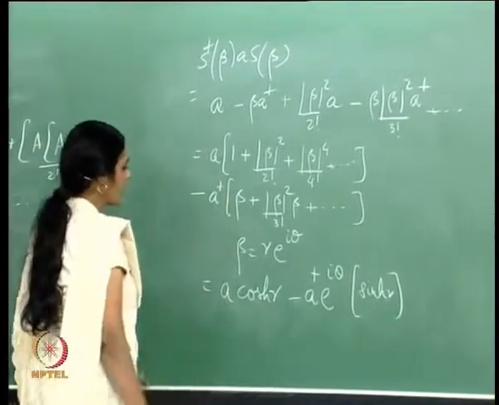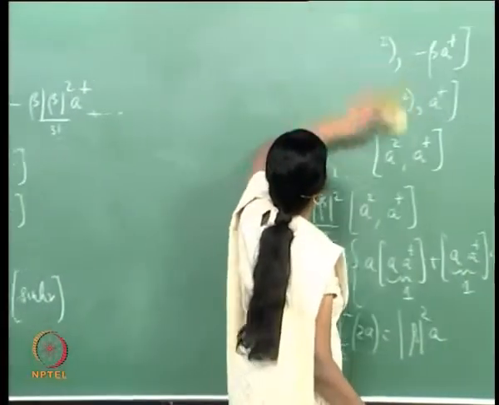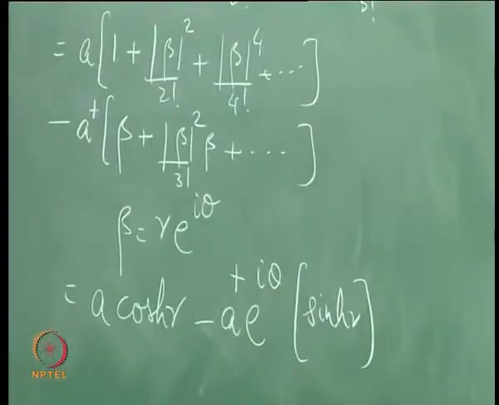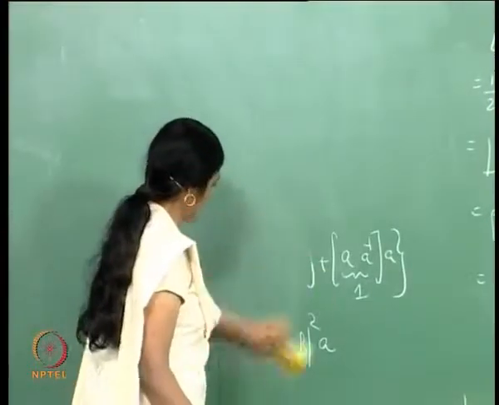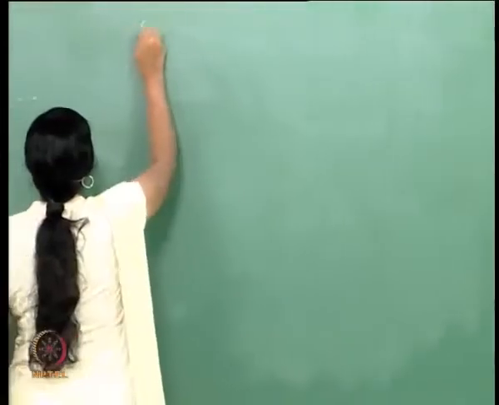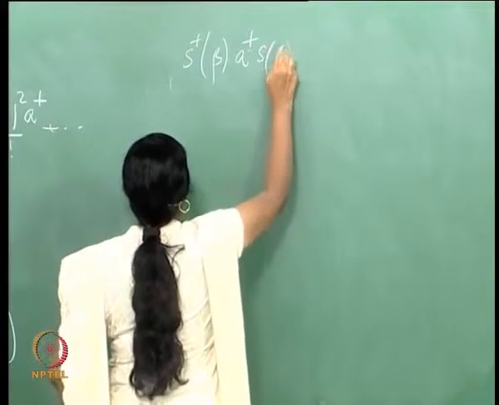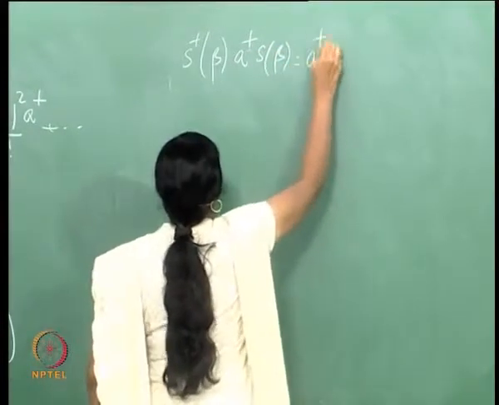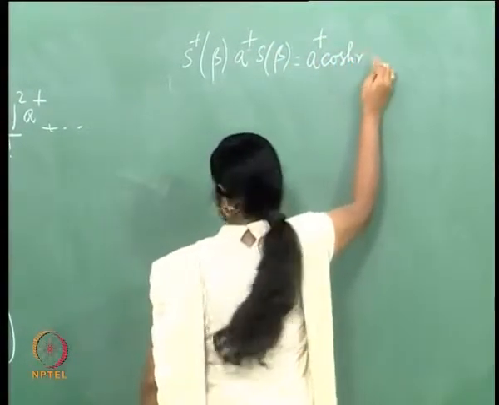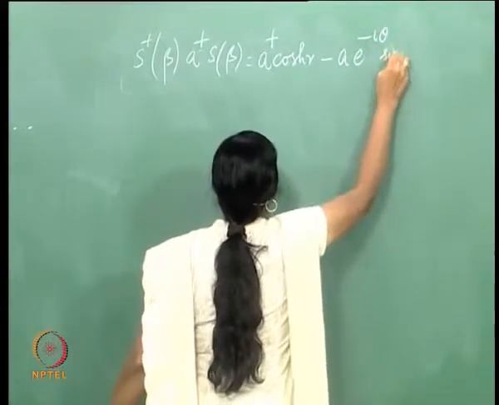We can proceed in the same way and show the following. That S dagger of beta, A dagger S of beta is A dagger cos h r minus A e to the minus I theta sin h r.